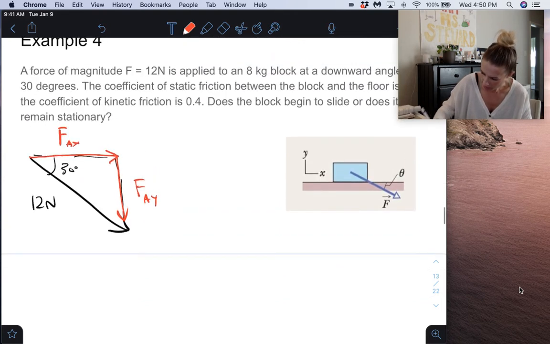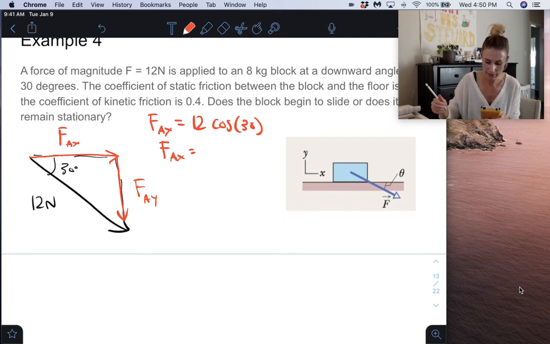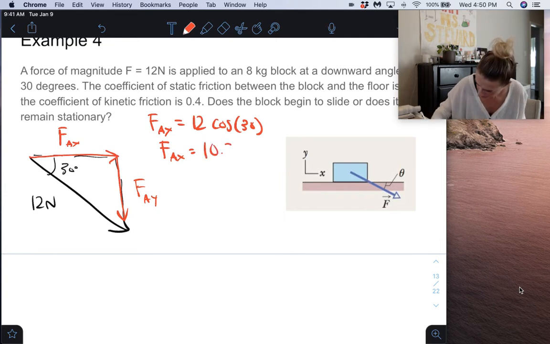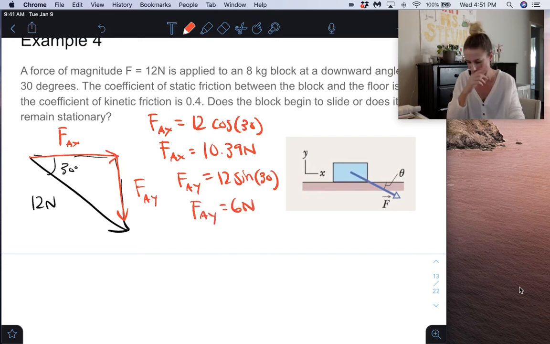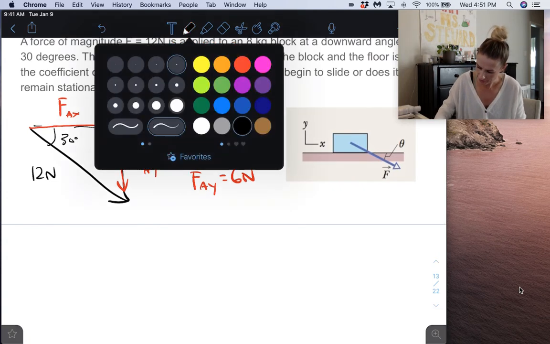So doing our math, we get force applied in the x direction is equal to 12 times the cosine of 30 degrees, which is 10.39. And then force applied in the y direction is 12 times the sine of 30 degrees, which of course is 6 newtons.